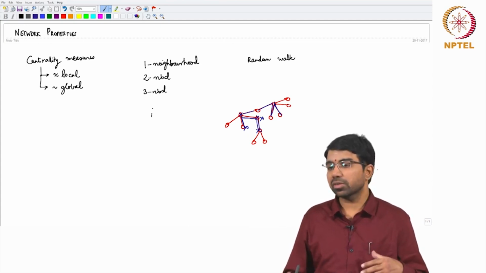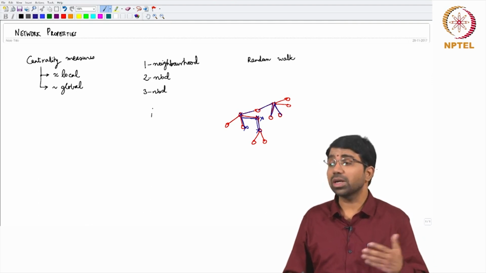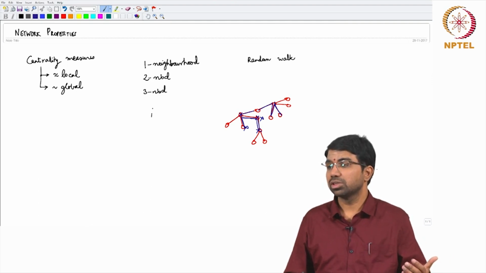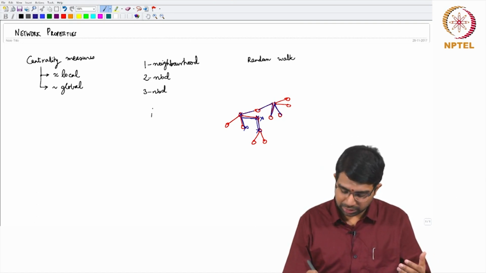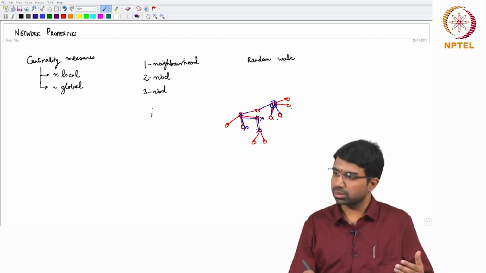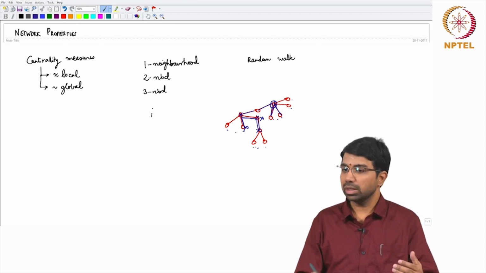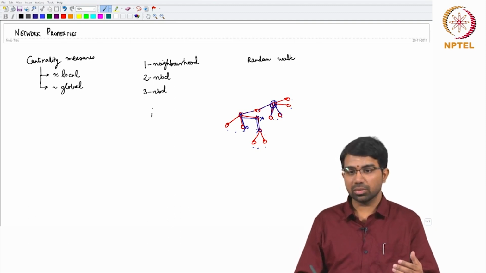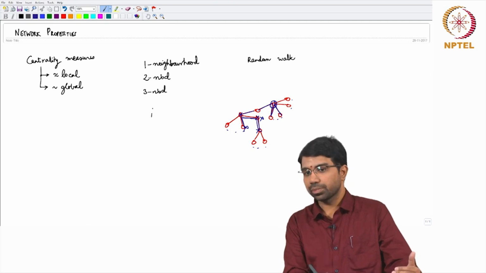So, how does the profile of nodes that you visit change depending upon where you are, right. You will see that if you start at this node, you are very likely to visit these nodes, whereas if you start at this node, you are more likely to visit these nodes or even these nodes, right. So, depending upon where you start on the network, you will end up exploring a different bunch of nodes.